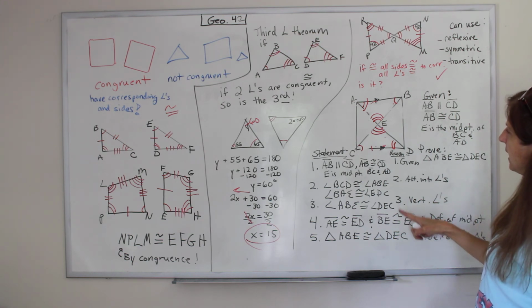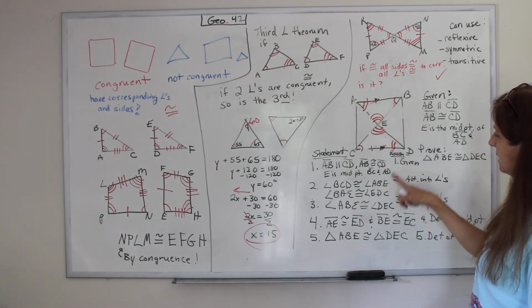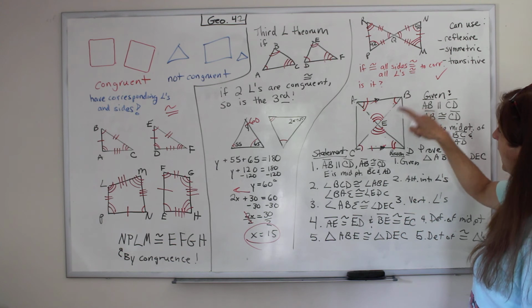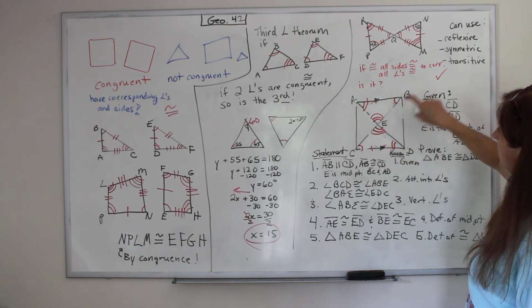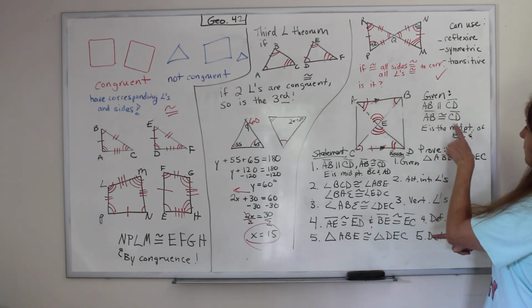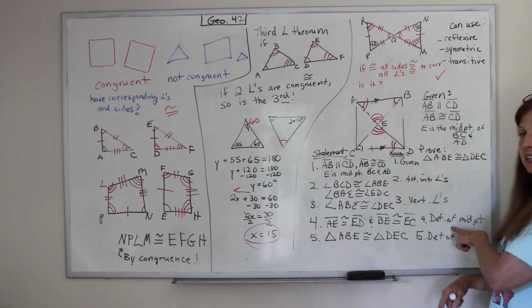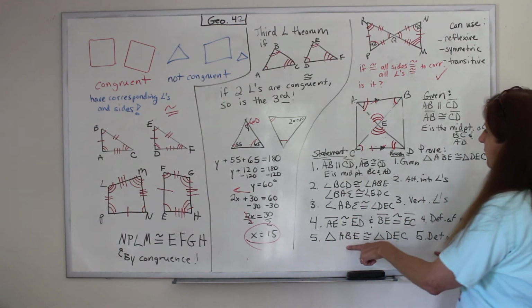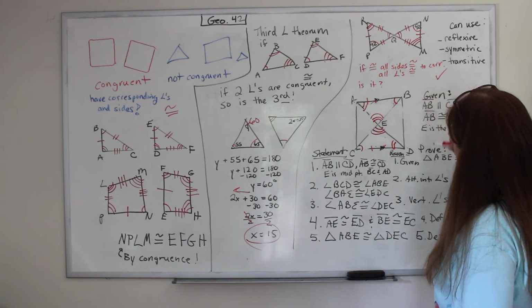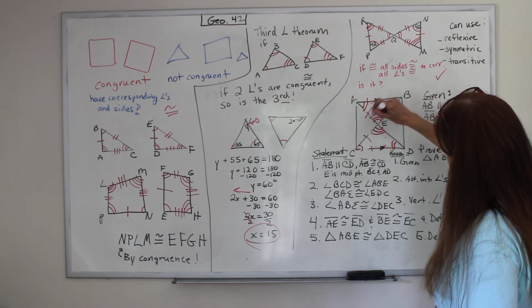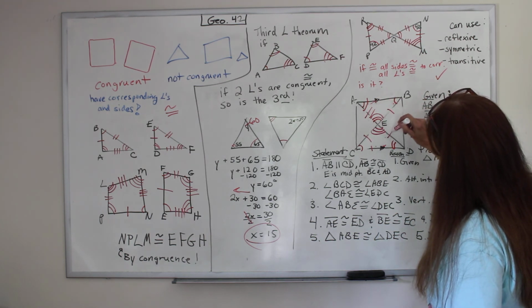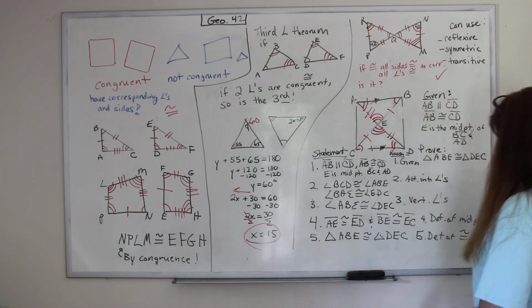And then we could say that AE is congruent to EB and CE is congruent to EB because we were told they were midpoints, and that's the definition of midpoint. And so we have said now that this is congruent to this and that is congruent to that.